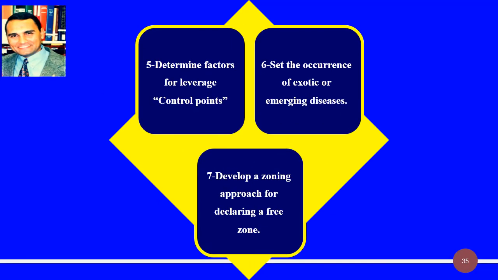Number five, determine factors for leverage of control points. Number six, set the occurrence of exotic or emerging diseases. Number seven, develop a zoning approach for declaring zones free from diseases.